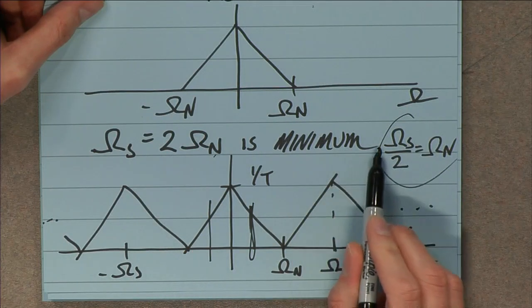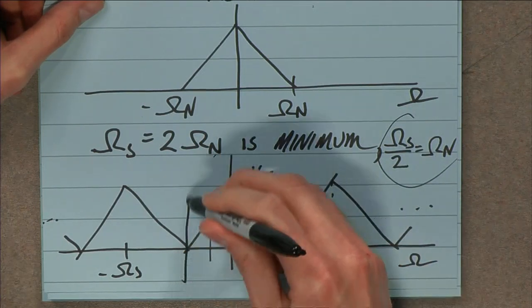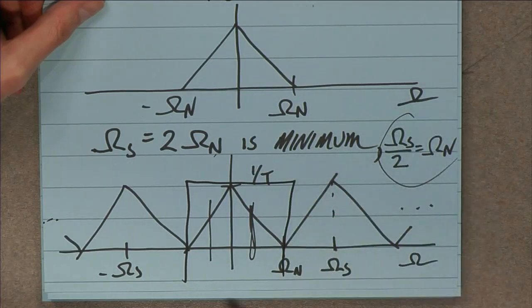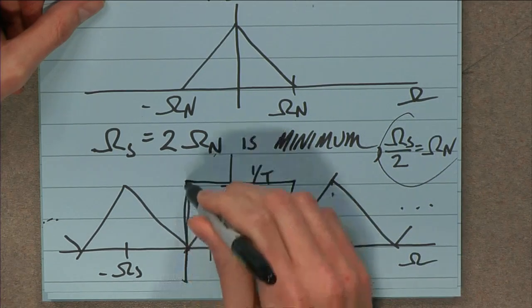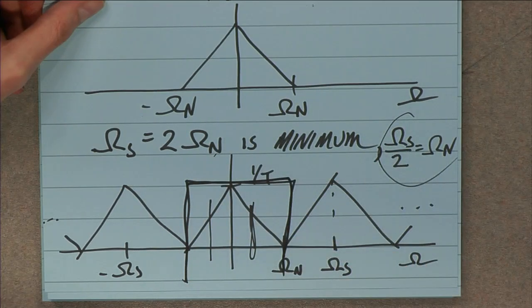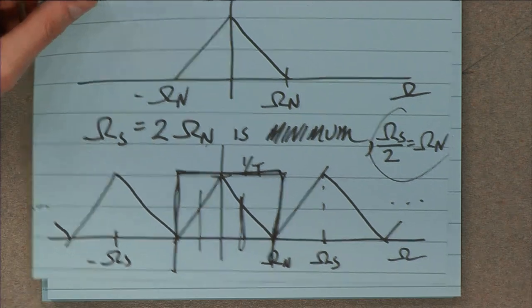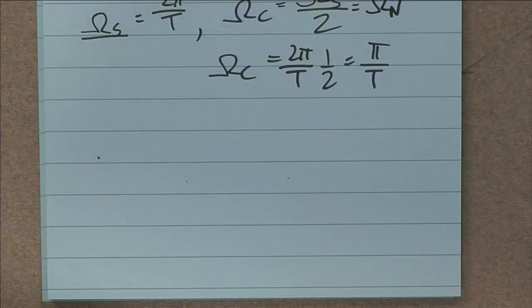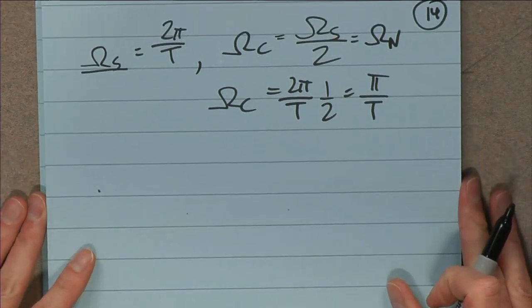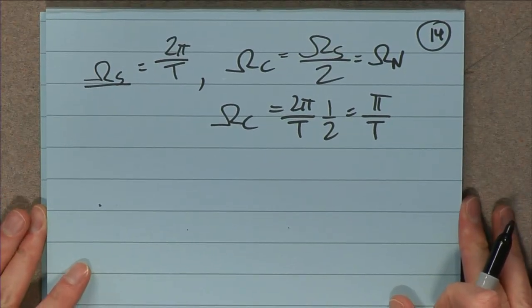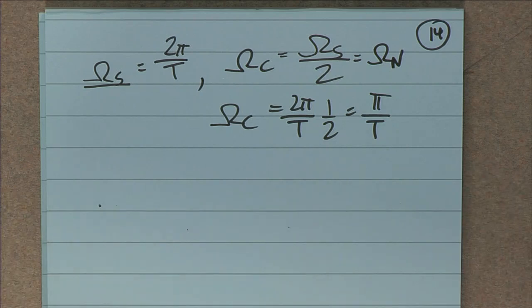Oh, I see. So omega s over 2 is omega n. So our filter, kind of messing up my own drawing here, would take out just that. And so we end up harvesting all the available unaliased bandwidth. Typically you want to do that. Not always, but many times.